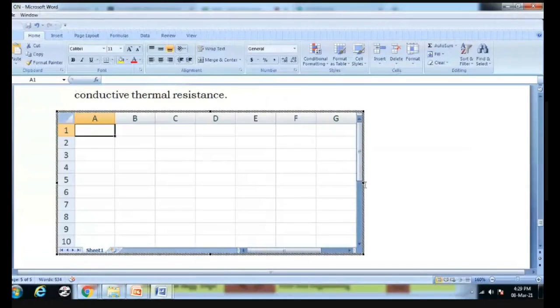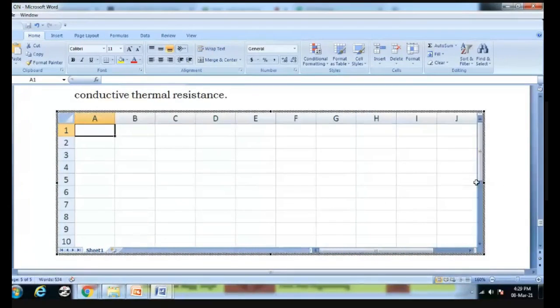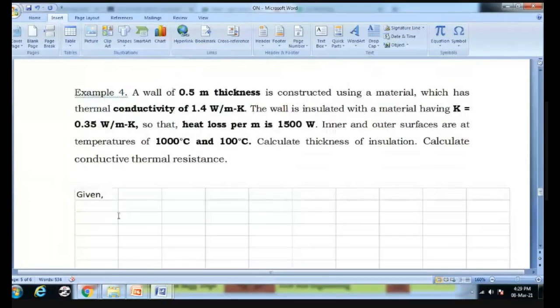Did you get the data that you want to solve for the numerical? You tell me now. Given. हाँ, क्या क्या है गिवन? वॉल थिकनेस 0.5.